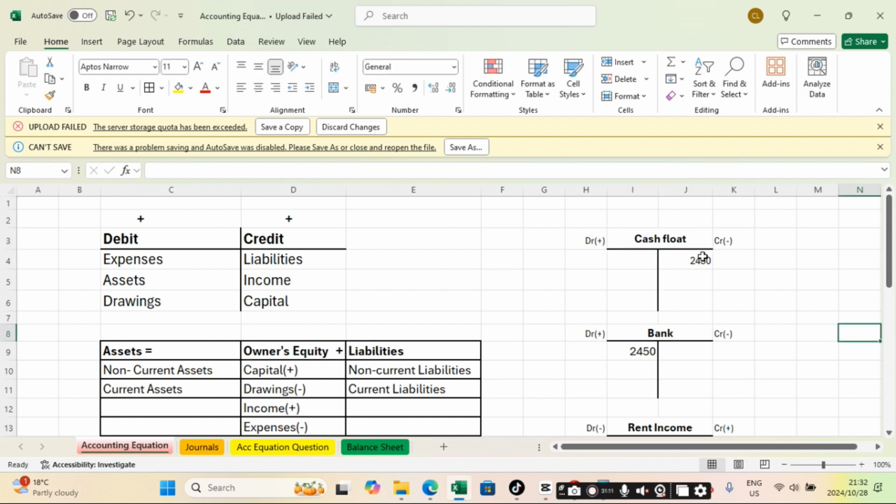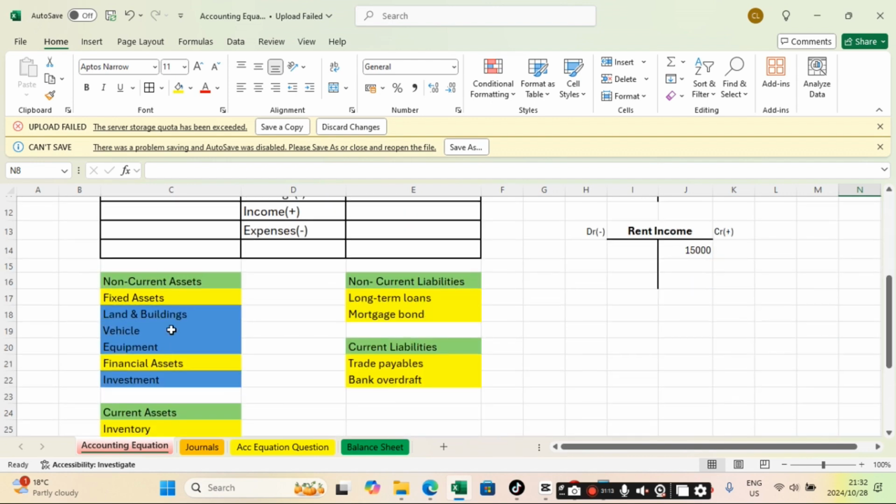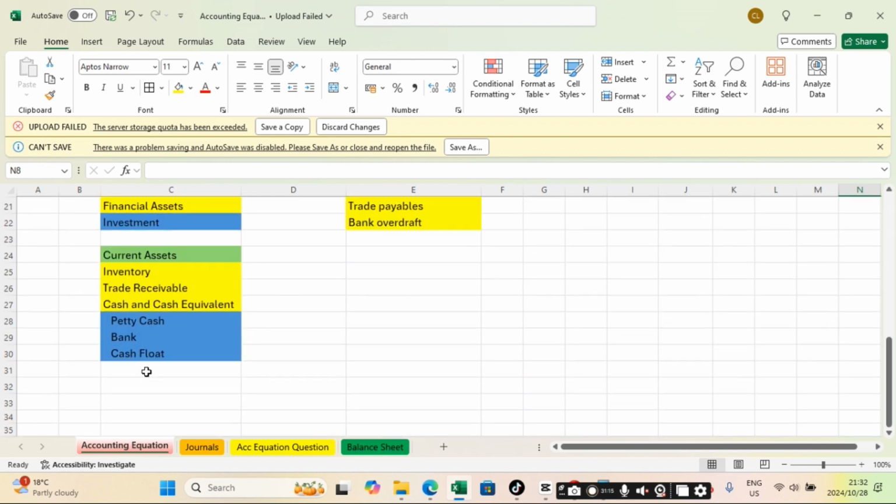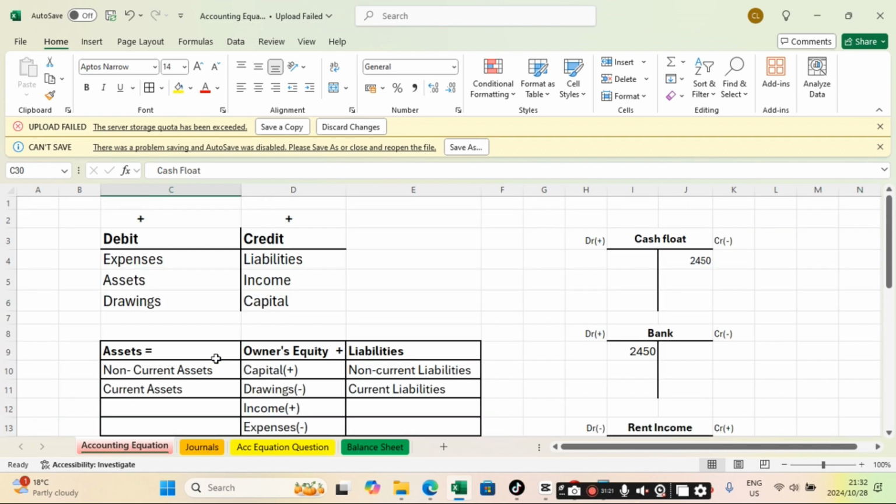These two form part of our current assets. Since they form part of our assets, on the debit side they are increasing, and on the credit side they are decreasing. Okay, straightforward.